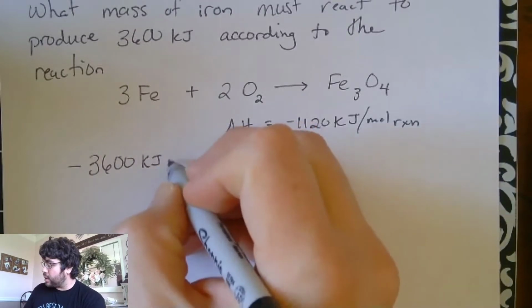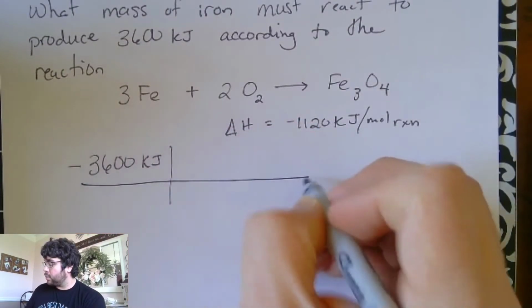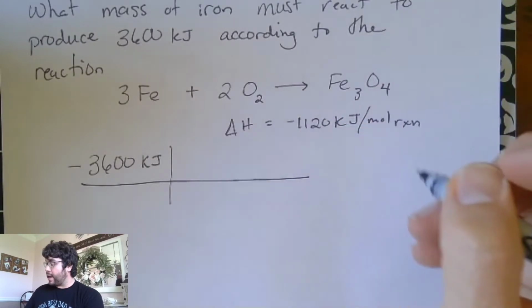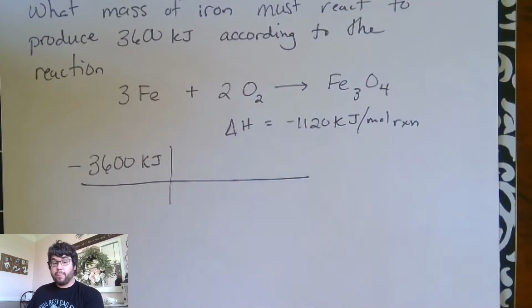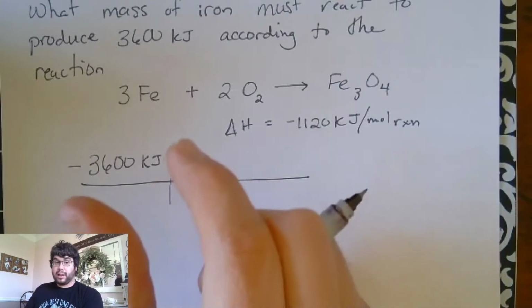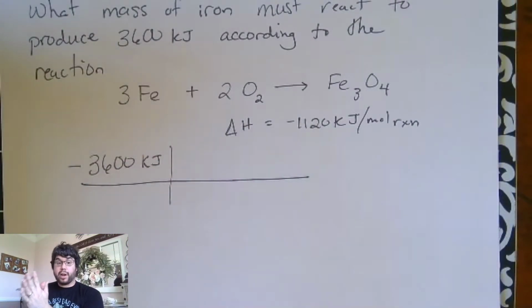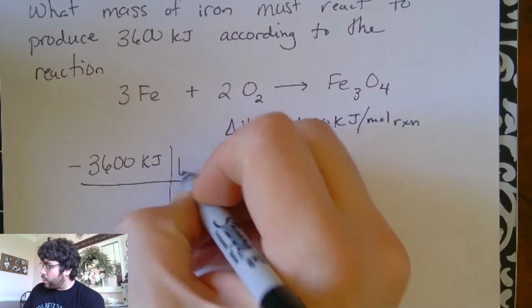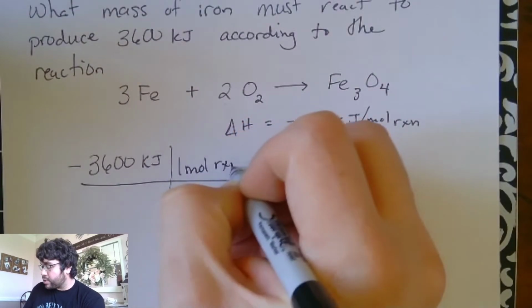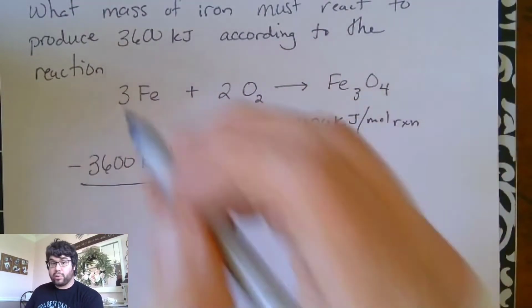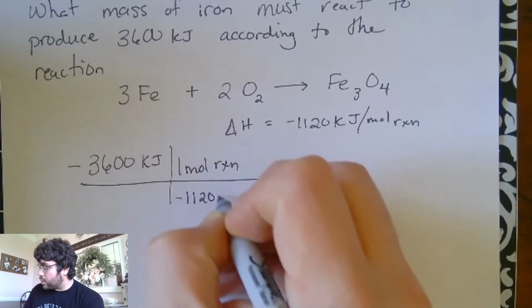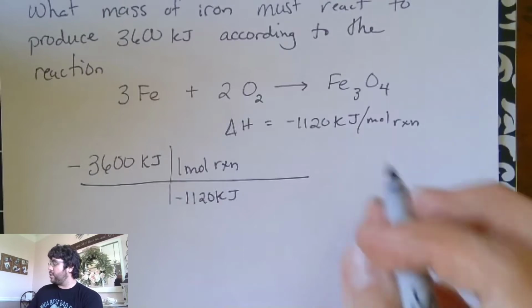So negative 3,600 kilojoules. Okay, and then I'm going to multiply by the enthalpy of the reaction to get moles of reaction as the unit I want, and then convert from moles of reaction to moles of iron. So for every 1 mole of this reaction happening, remember that's like 1 cycle of this reaction, negative 1120 kilojoules of energy are released.